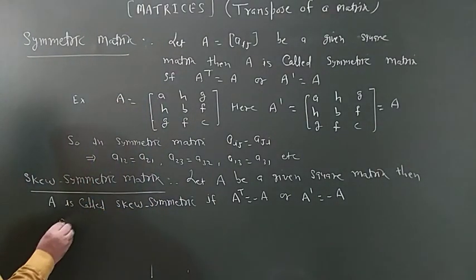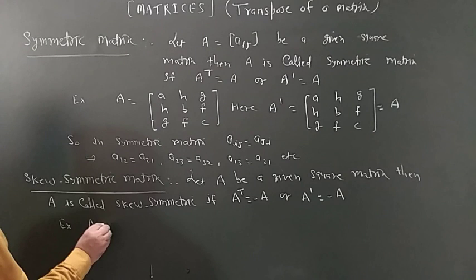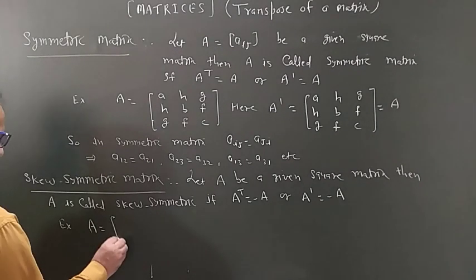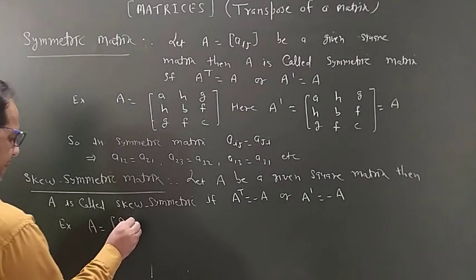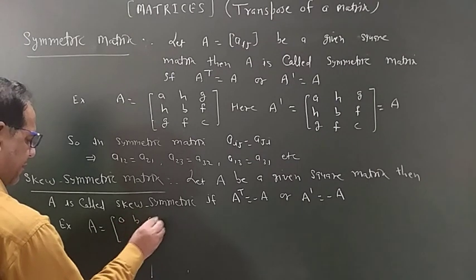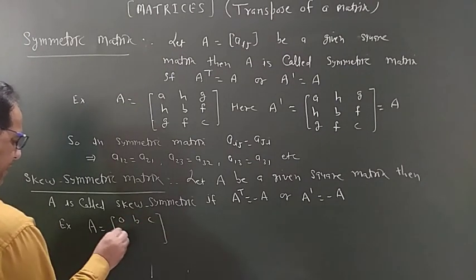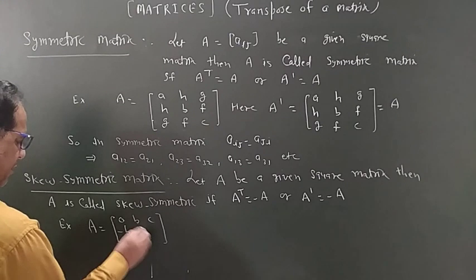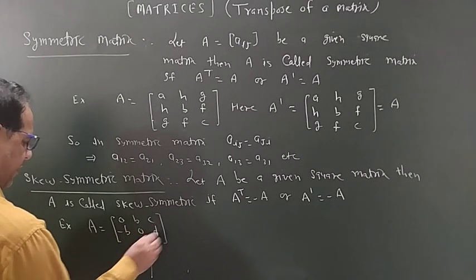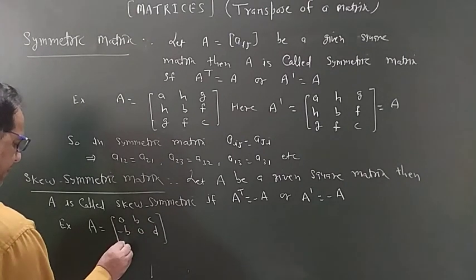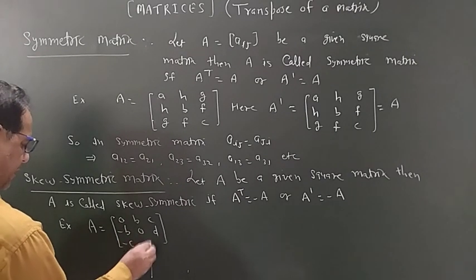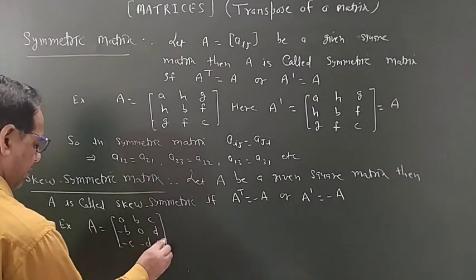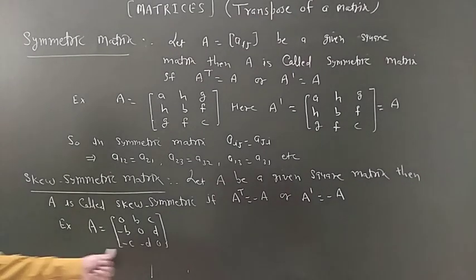For example, A equal to 0 B C, minus B 0 D, minus C minus D 0. Suppose that A is the given square matrix of 3 by 3.